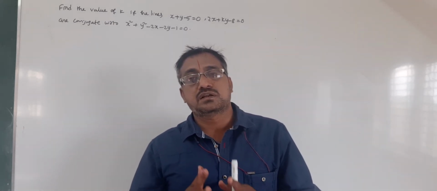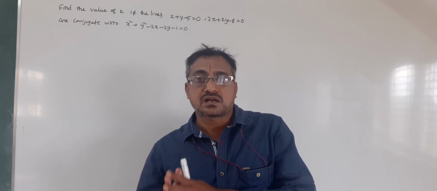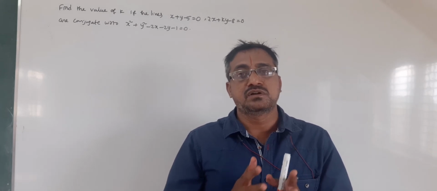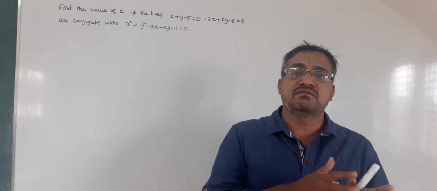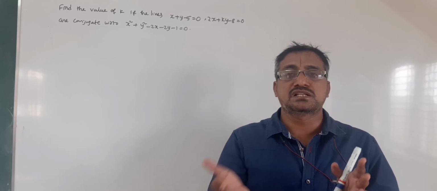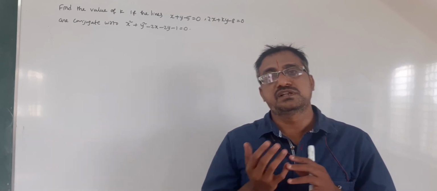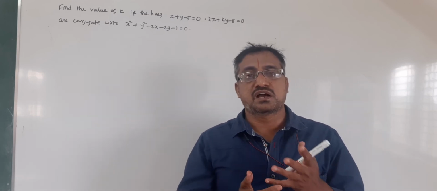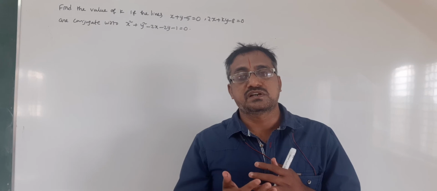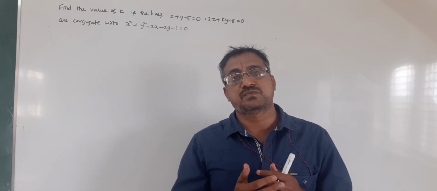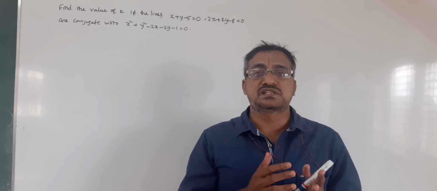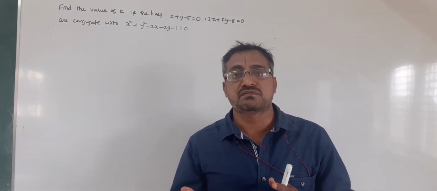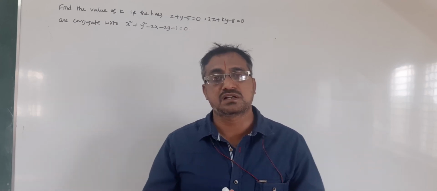We know that if two lines are conjugate with respect to the circle S is equal to 0, then the pole of one line with respect to the circle lies on the other line. So by using that concept we are going to find the value of k. Otherwise you have a formula also, r square into L1 L2 plus M1 M2 is equal to L1g plus M1f minus N1 into L2g plus M2f minus N2. You can use that formula also.